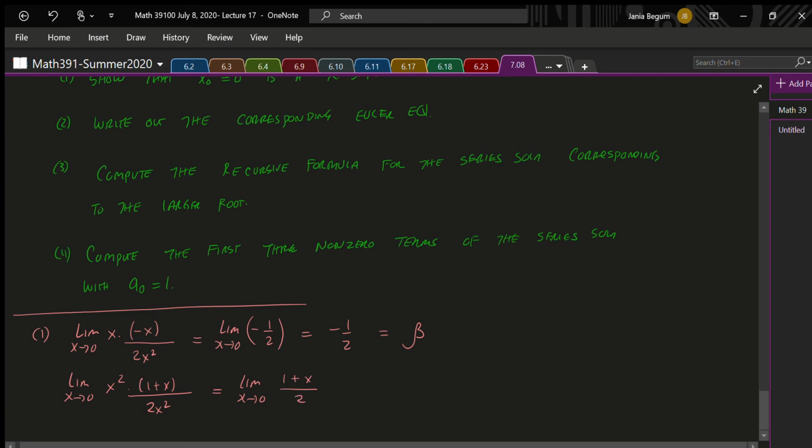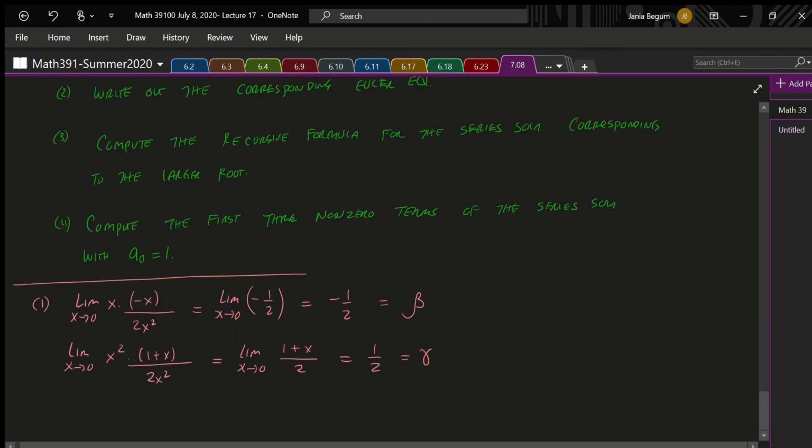As x goes to 0, we have 1/2. And that corresponds to gamma. So because these limits are finite, we conclude x naught is a regular singular point. Any questions on the first part?